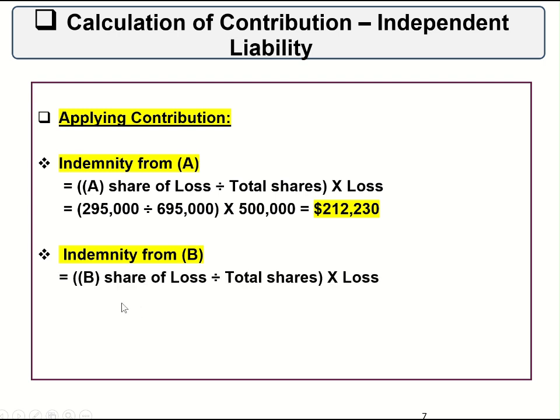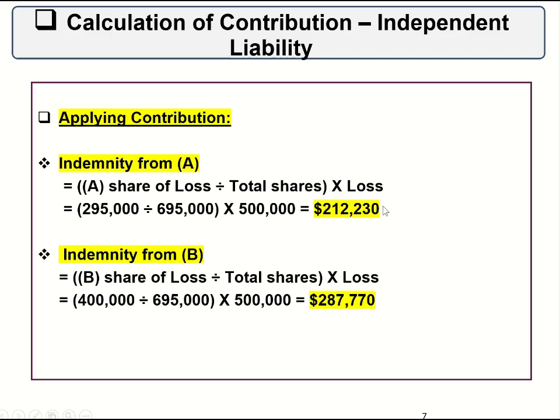Then indemnity from B, similarly, will equal B's share of the loss divided by the total share of the loss. B's share of the loss, as we calculated in the previous slide, was 400,000, divided by the total shares, which is the same as here, 695,000, multiplied by the loss 500,000, which equals $287,770.